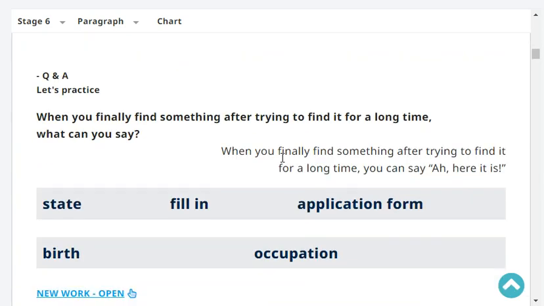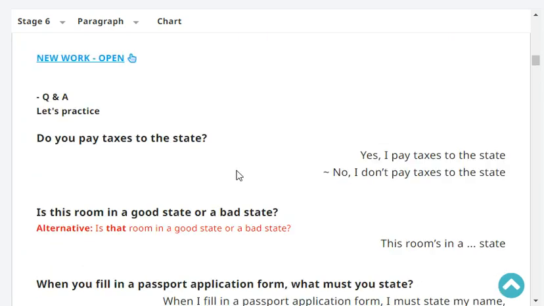Very good. When you finally find something after trying to find it for a long time, what can you say? When you finally find something after trying to find it for a long time, you can say, "Ah, here it is." Very good.